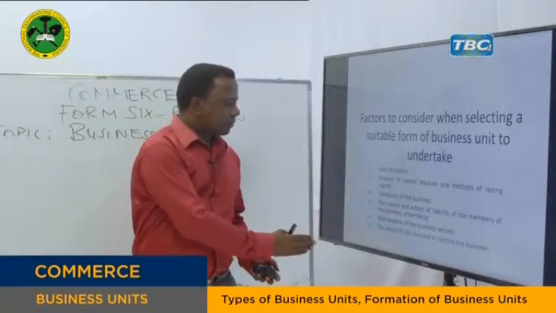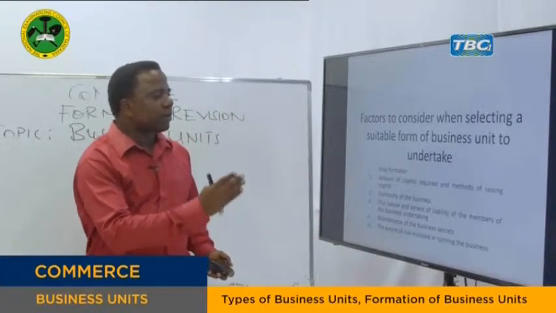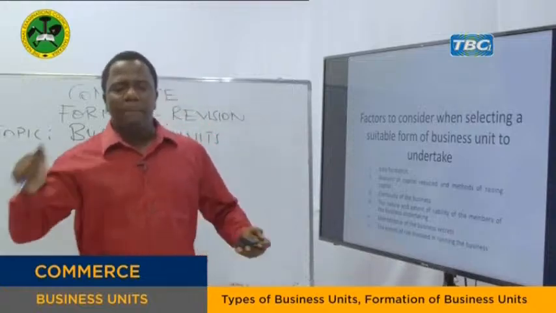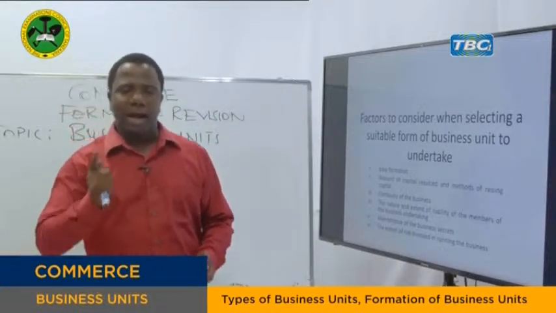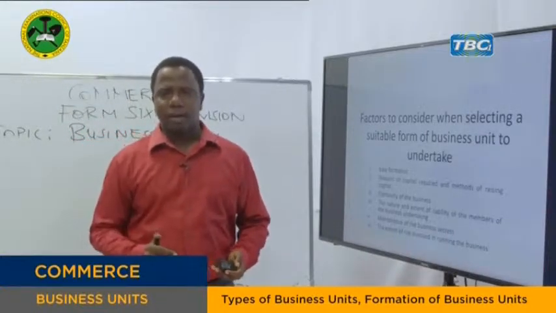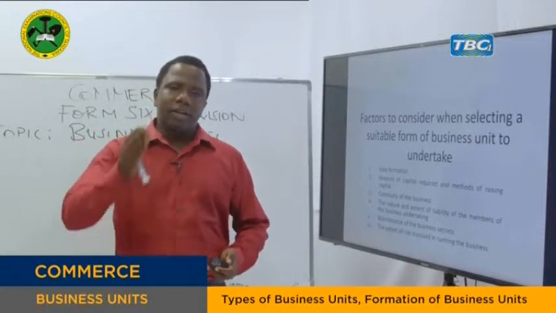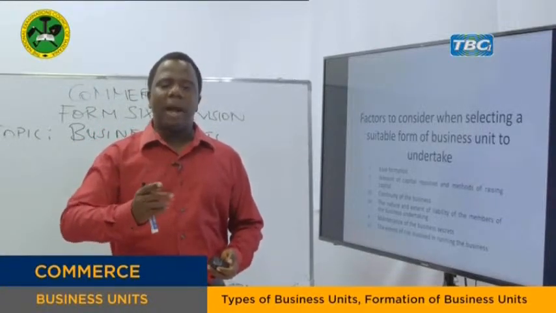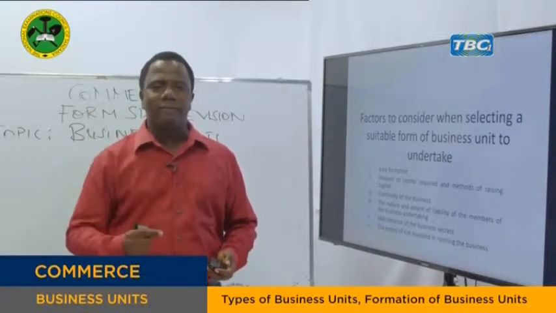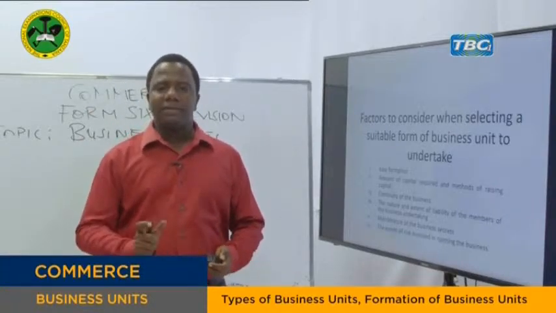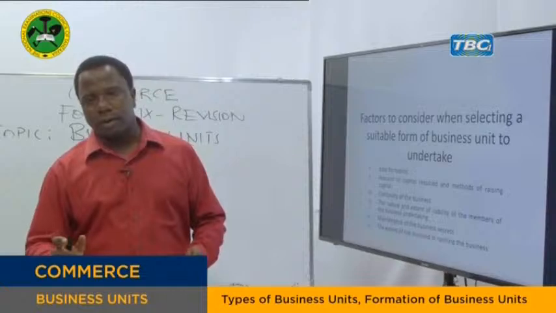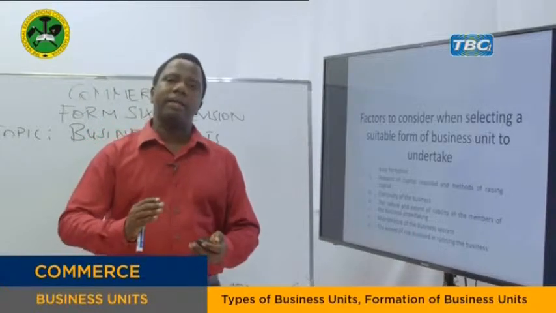Another one is the extent of risk involved in running the business. There are some businesses which are riskier than others. In some businesses, the risks are borne by the owner alone, but in others, risks can be shared by many people.